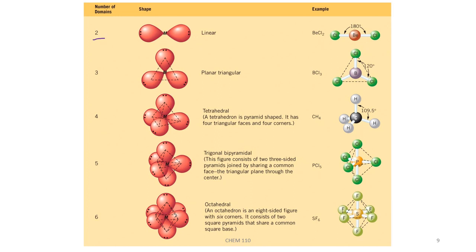When we had 3 domains, our major shape was trigonal planar. When we had 4 electron domains, our shape was tetrahedral. With 5 electron domains, the shape was trigonal bipyramidal. And with 6 electron domains, our shape was octahedral.